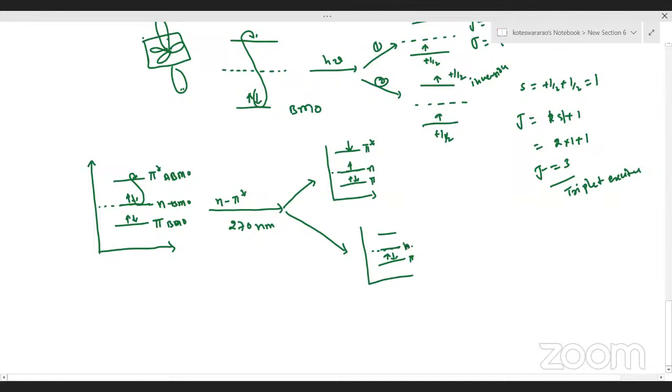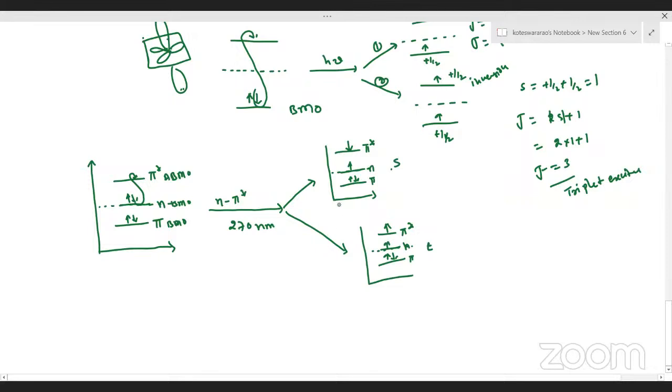Pi molecular orbital, n molecular orbital, pi star molecular orbital. After excitation, here the spin may be inverted. Now this is the singlet excited state, and this is the triplet excited state. Simply we call it the triplet excited state.